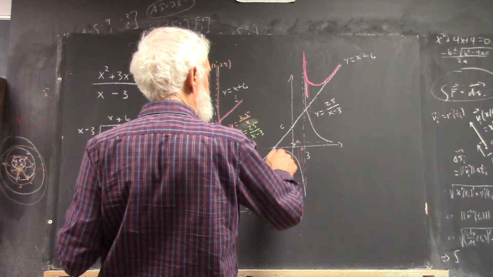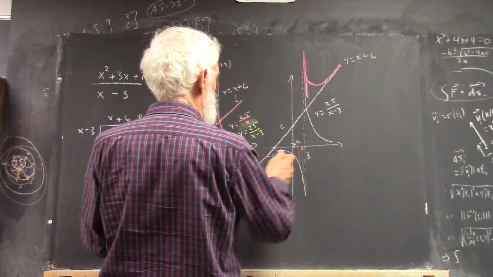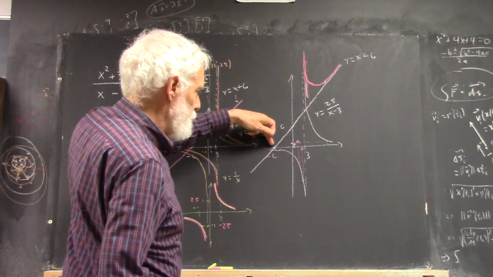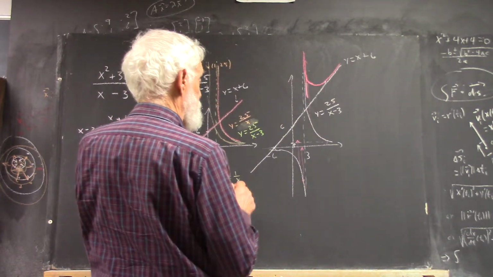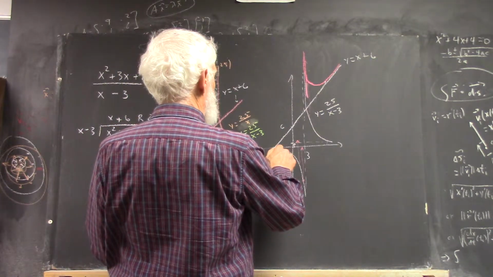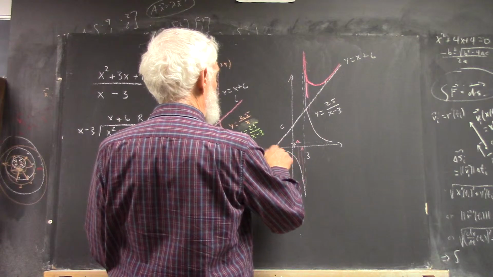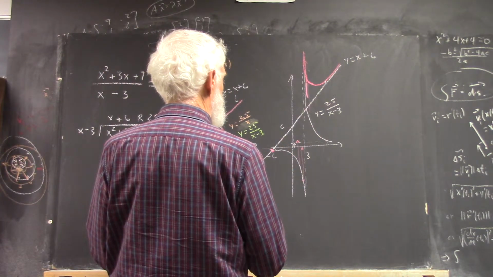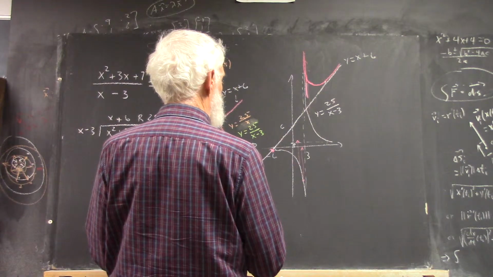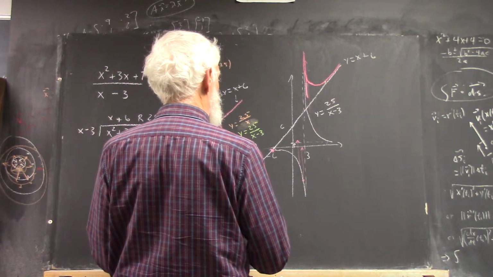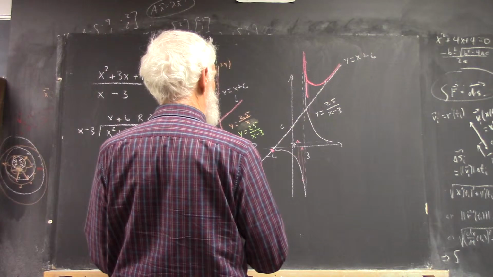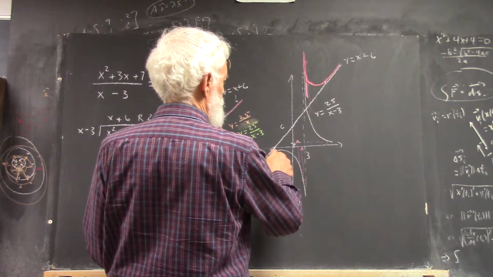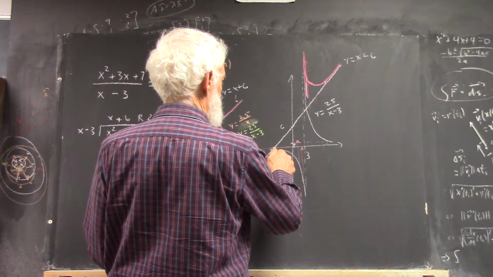But now, by the time we get over here, this graph is giving us 0, the x plus 6 graph, so we're going to be on this point. I didn't really locate that very well, it's more like about here.